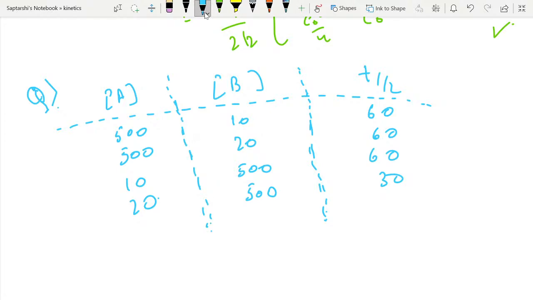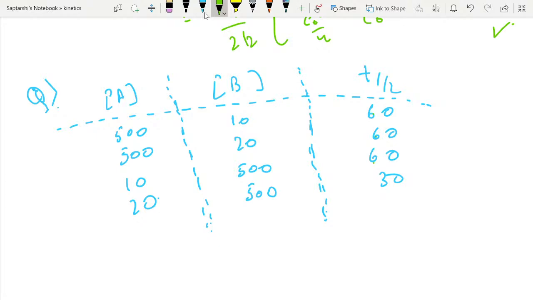Now we have to find the rate equation, that is, what is the order of A and what is the order of B. There's a trick for doing this question. See, over here time is not changing.